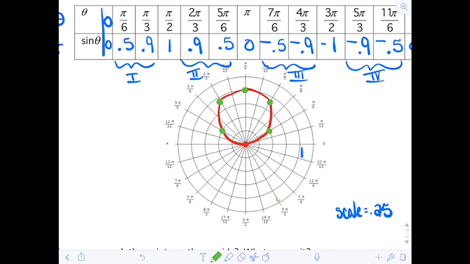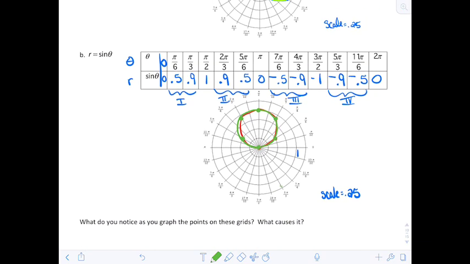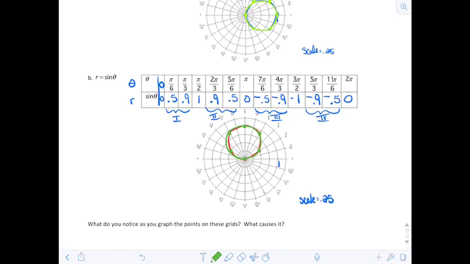And then 2 pi is 0. So we actually, once again, have the entire graph completed by the time we get to pi. And then from pi to 2 pi, it just repeats. So there is our sine and cosine graphs.